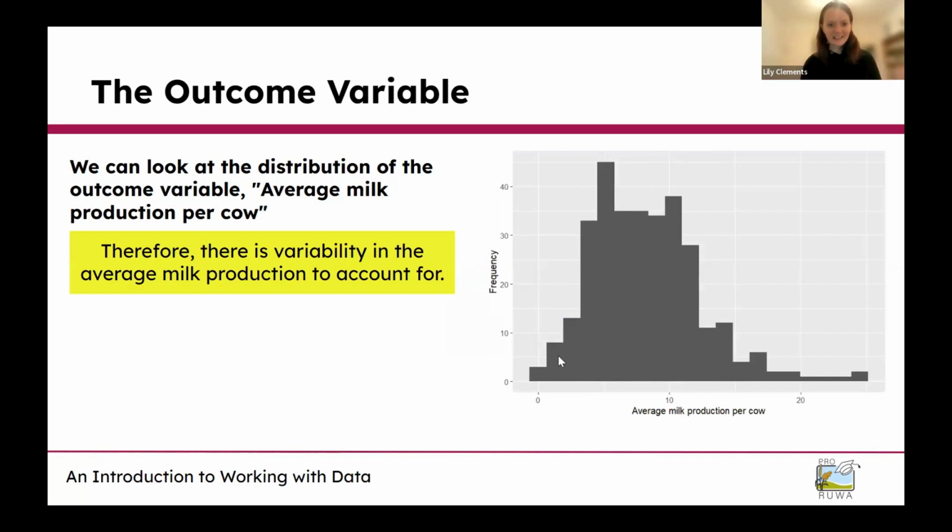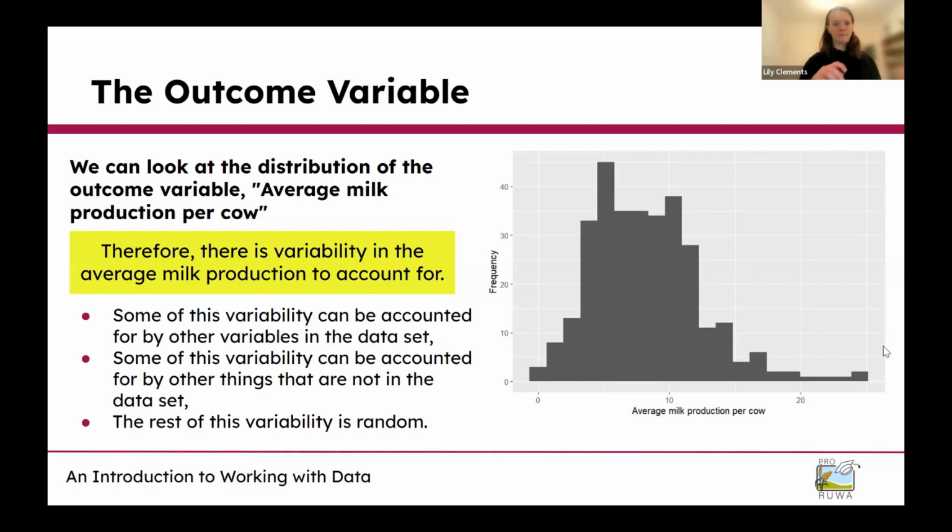But we can see that there's variability to account for, because we can see a range of data here. We can see that there's values dotted around. Now, some of this variability can be accounted for by other variables in the data set, such as urban area, such as whether they pasture or not, things like that, other variables that we have measured in the data set from the survey.